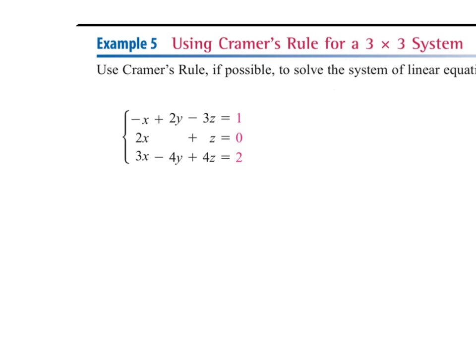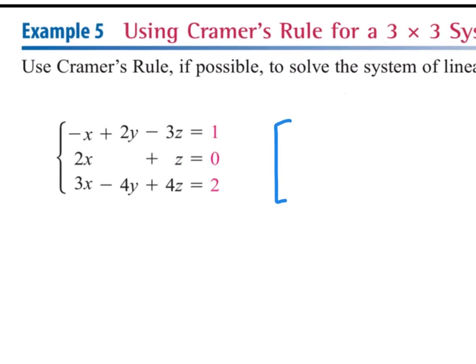Okay, first thing I'm going to do is write out what? I'm going to write out my augmented matrix. What's my first row? Negative 1, 2, negative 3, and 1. What's my second row? 2, 0, 1, 0.